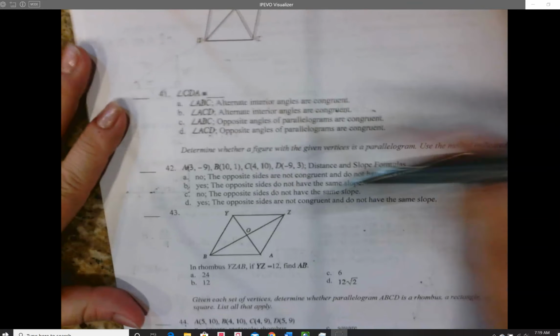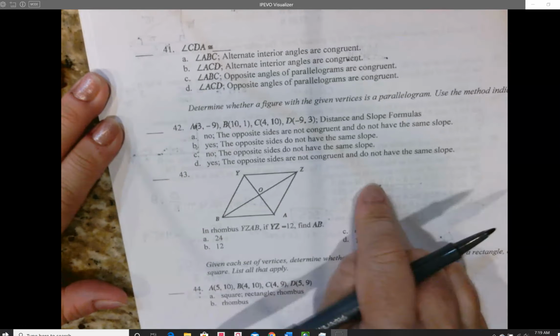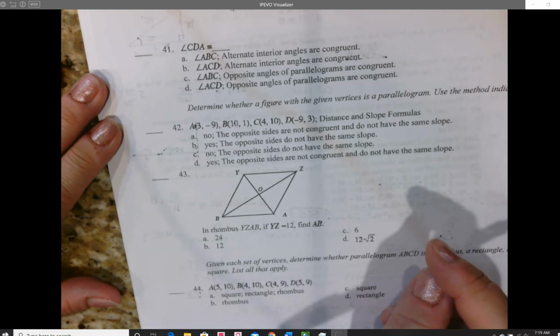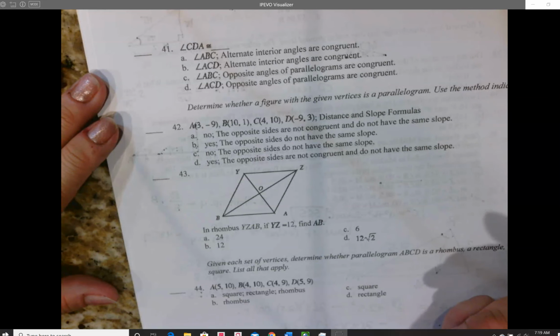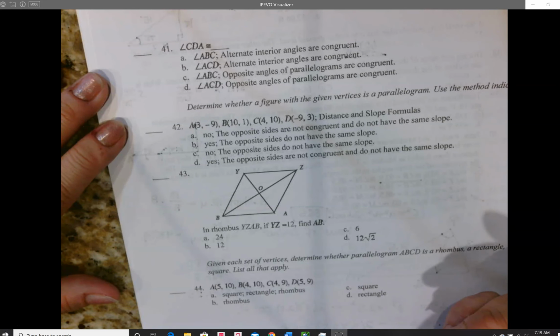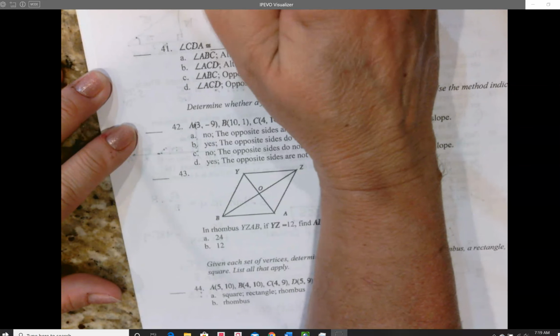Okay, so now let's see what we have. We have a parallelogram, and we have some questions about the parallelogram. So first things first, we know parallelograms have two pairs of parallel sides.